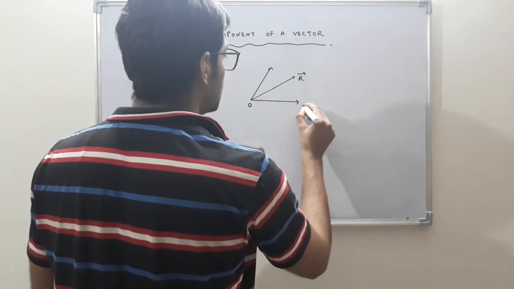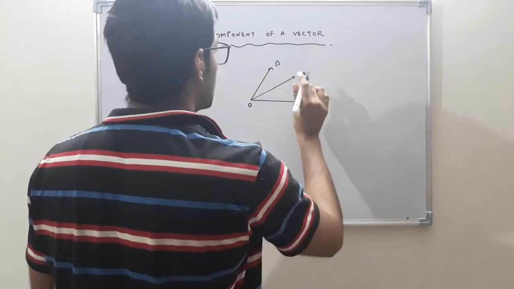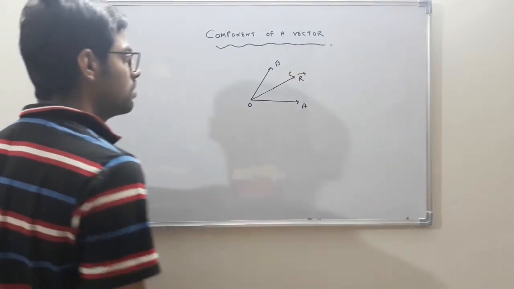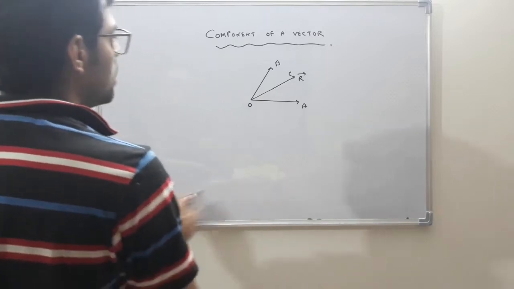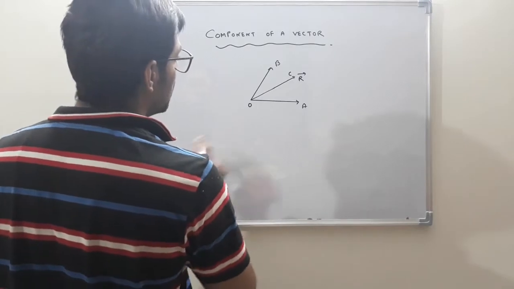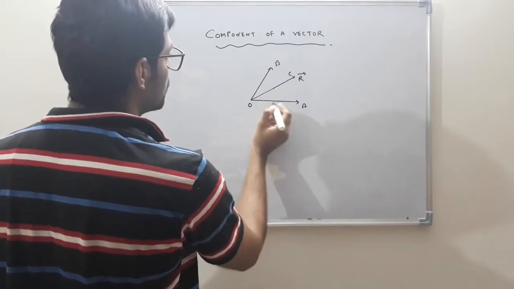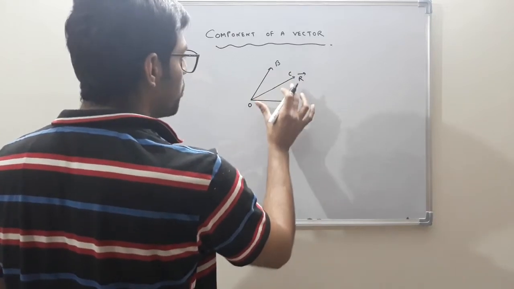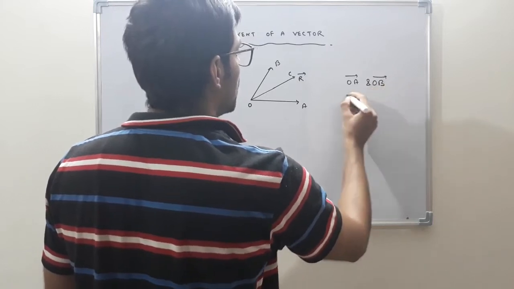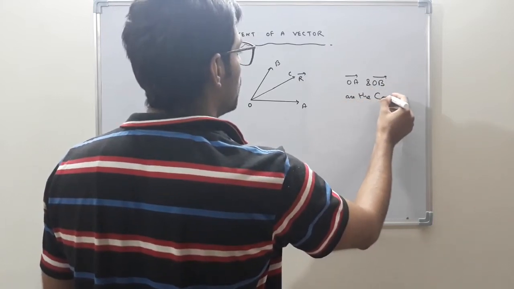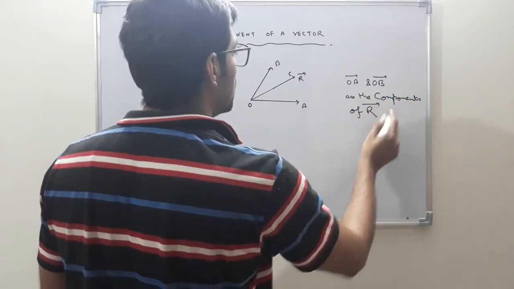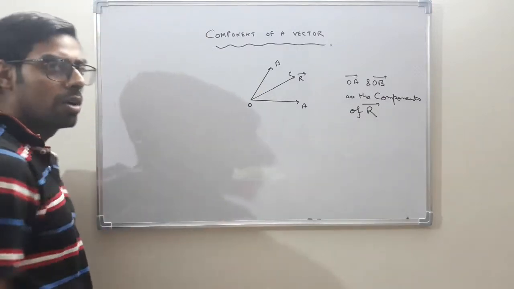Suppose it is OA and it is OB, and suppose this point is C. OA and OB are the two components of R vector. So OA vector and OB vector are the components of R vector.